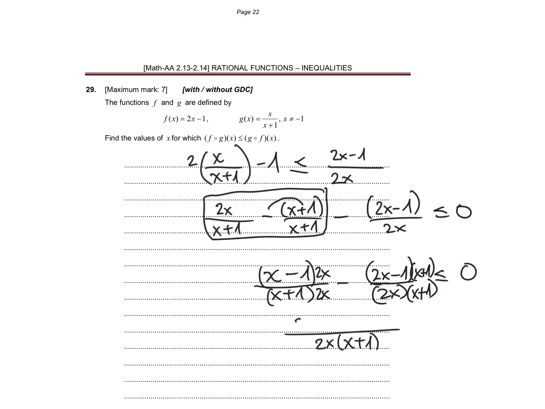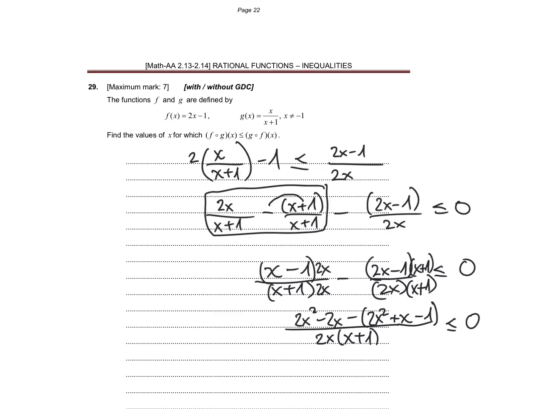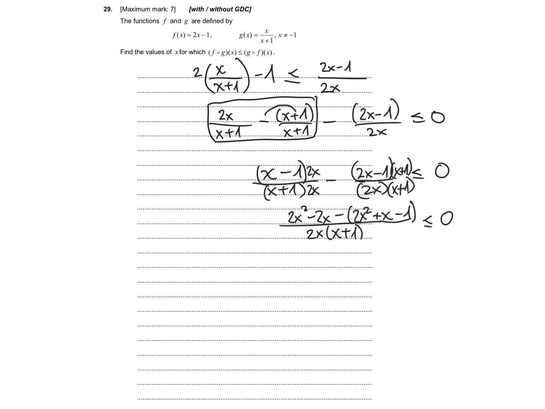And we're going to have 2x squared minus 2x minus, and then distributing this out, we're going to have 2x squared plus 2x minus x, so plus x minus 1, and that's less than or equal to 0. And then these will cancel, and we'll have negative 2x, so that's negative 3x up top plus 1 over 2x times x plus 1.